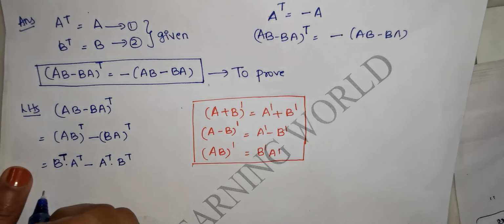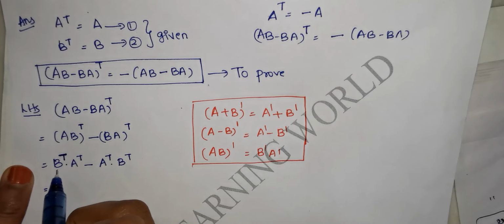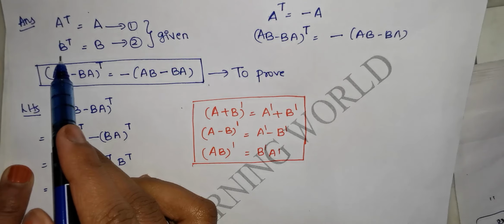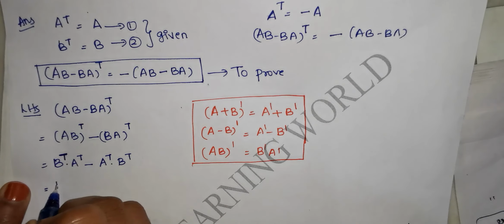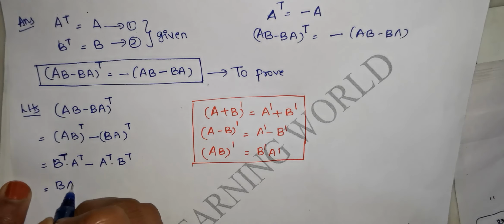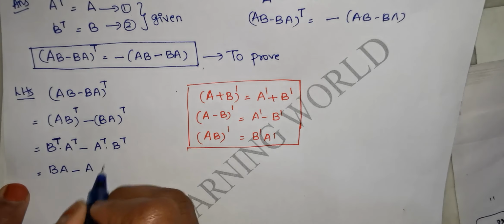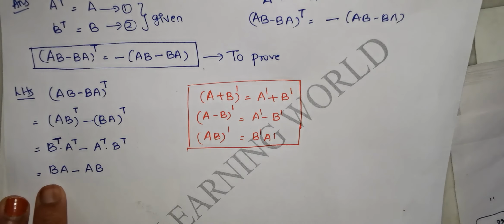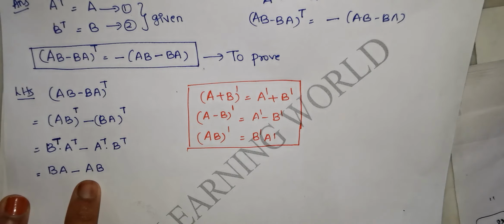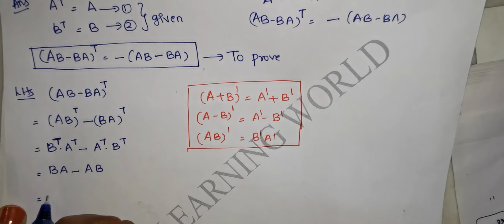So from equation number 1 and 2, instead of B transpose, we can write B, because B transpose is equal to B. It is given in the question. So B, and A transpose is A, so we can write BA, minus here also we can write A transpose is A and B transpose is B. So that is equal to BA minus AB. So from here I am going to take minus common.